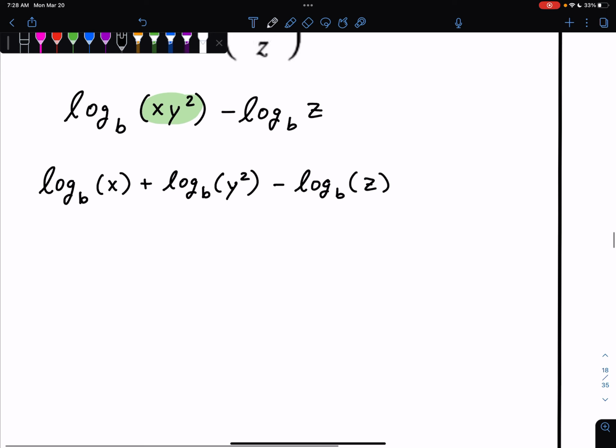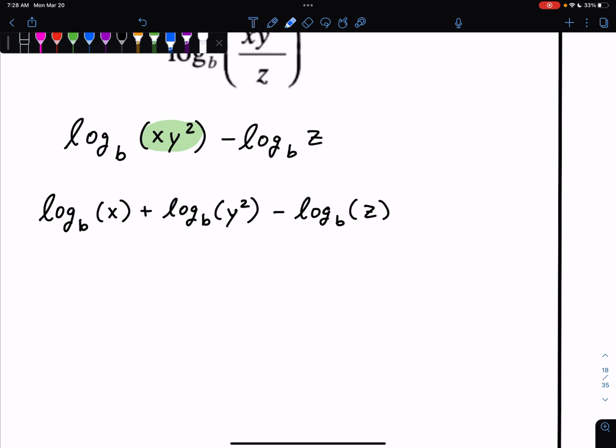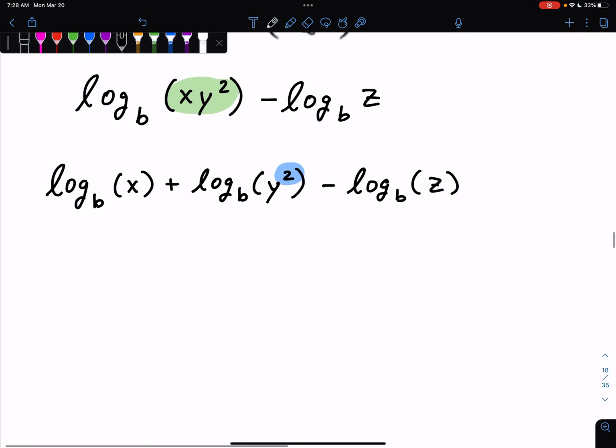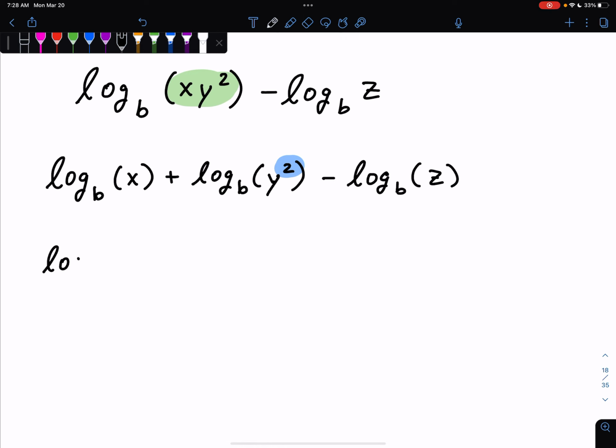I notice there's something else I can do. I see an exponent there. Remember what happens when we have exponents? We write them in front. That's the power rule. So I have log base b of x plus 2 log base b of y, minus log base b of z. Can't forget the 2. That would be the power rule. Okay.